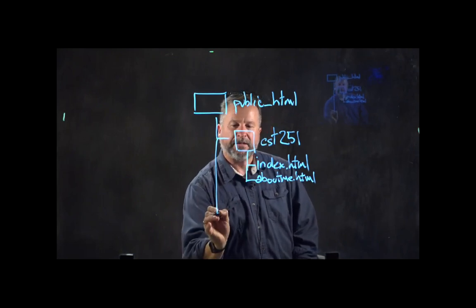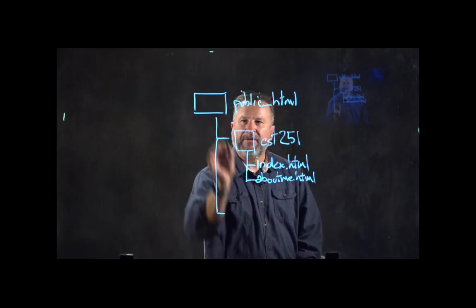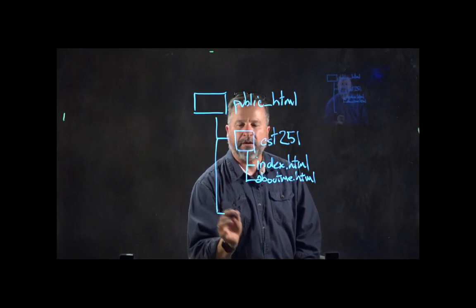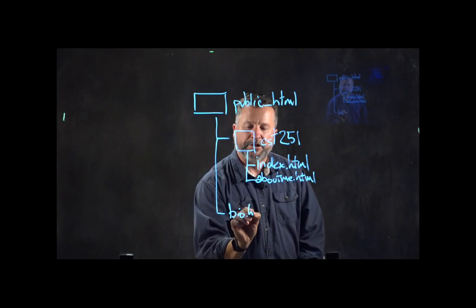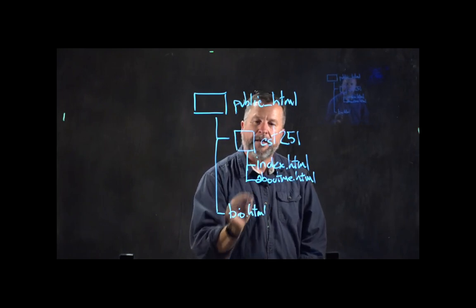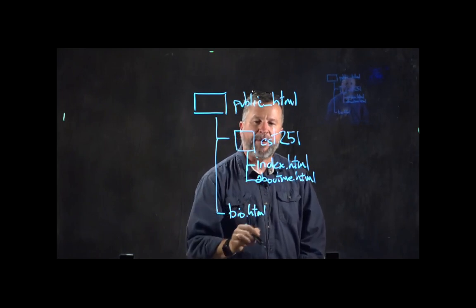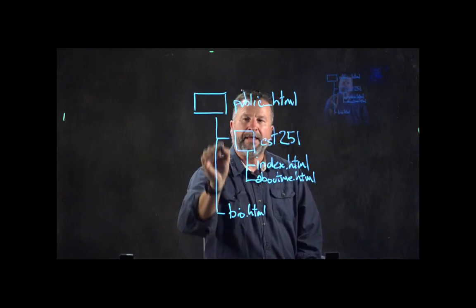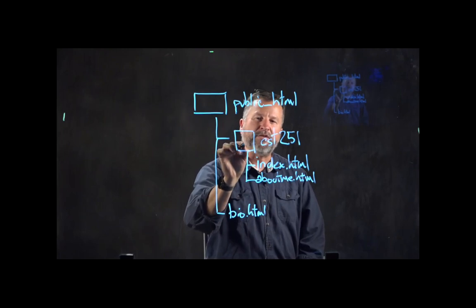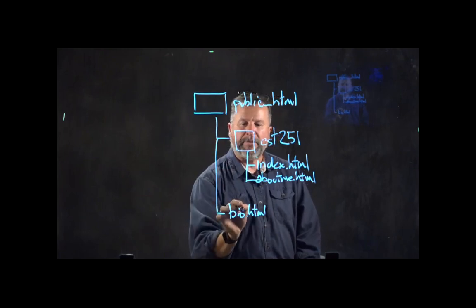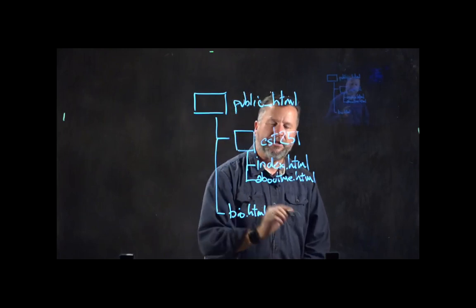So if I have another file inside my public HTML called bio.html, and I want to link to it from this index page, I've actually got to go up a level in my folder structure. I've got to go outside of this CST251 folder and drop into the bio.html document.